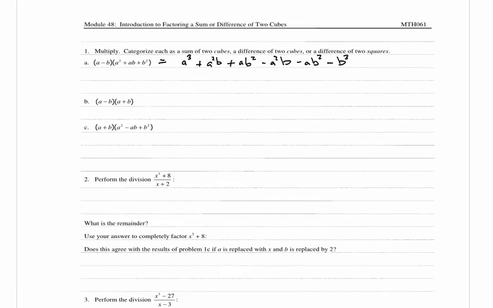And then our a squared b term is going to cancel with our negative a squared b, and our ab squared term is going to cancel with our negative ab squared term, and we're left with a cubed minus b cubed, and this is a difference of two cubes.